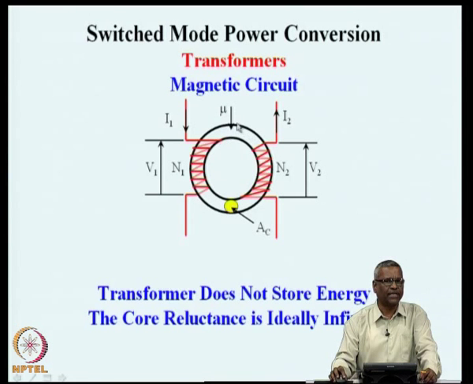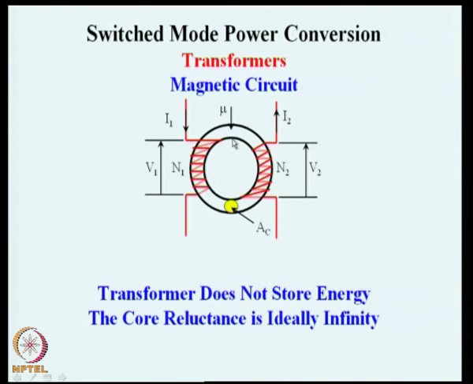Good transformers can be built with core materials which have very high permeability. The ideal transformer will have cores whose permeability is infinity, so that you will be able to set up a magnetic field in the core with minimum amount of magnetization effort. The transformer does not store energy as we have seen. So, as a result, the core material is made up of ideal magnetic material whose permeability is infinity.